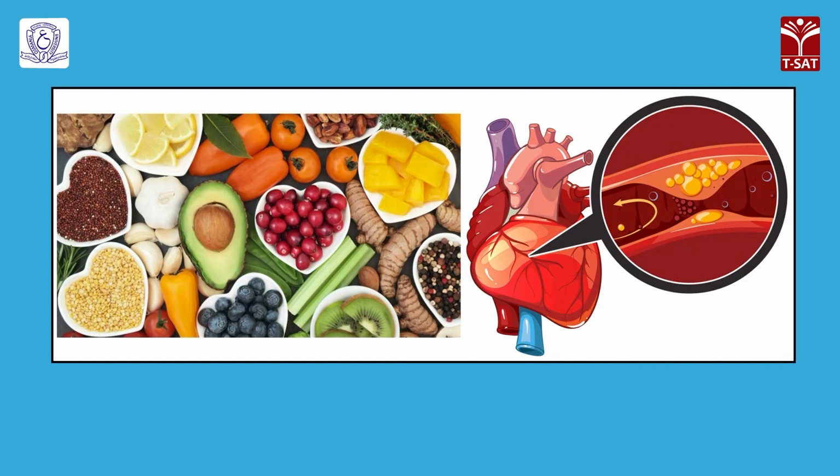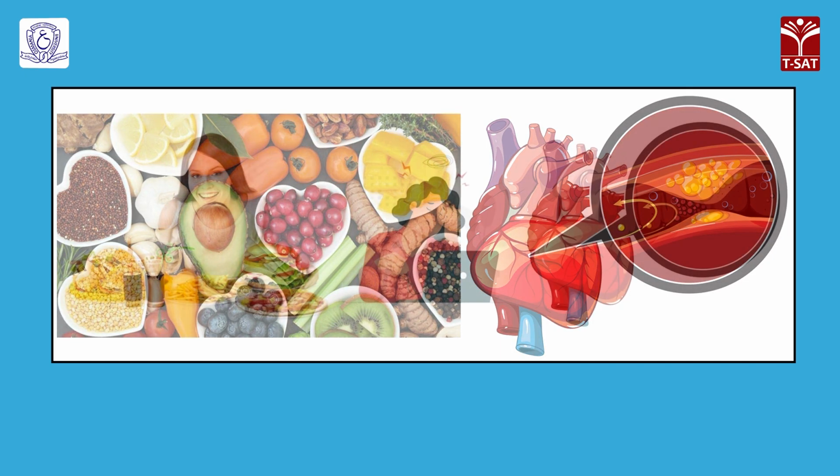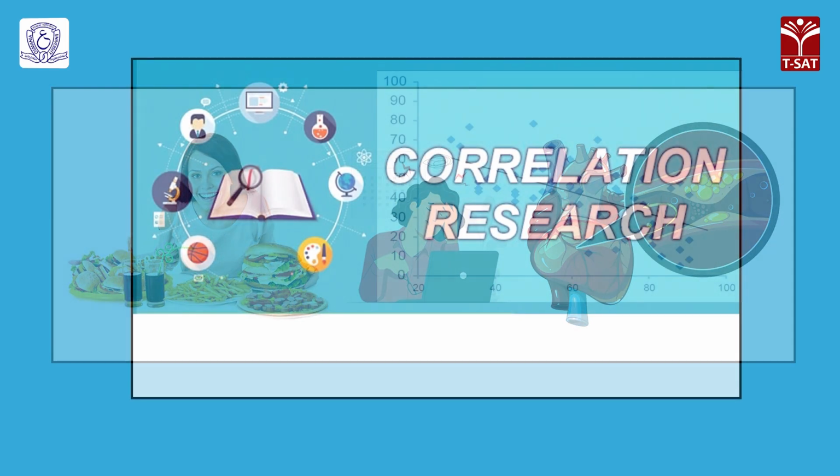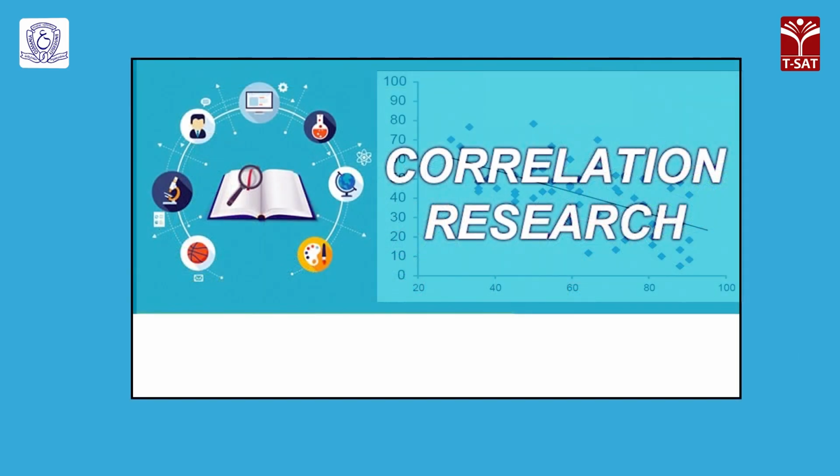For example, a correlational study might suggest that there is a relationship between dietary components and coronary heart disease, but it cannot prove that a change in one variable causes a change in the second variable. Other factors might play a role, including lifestyle habits, stress, and a myriad of other variables. Correlational studies are therefore useful for the formulation of hypotheses.